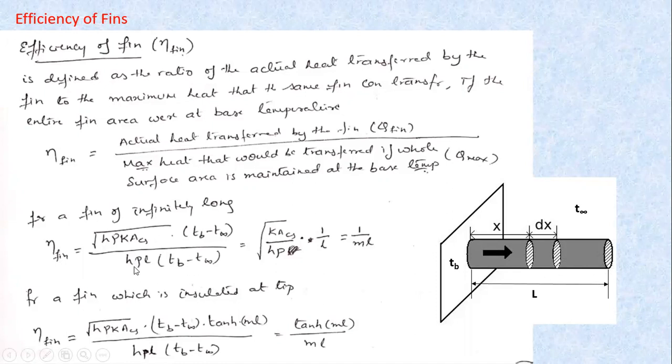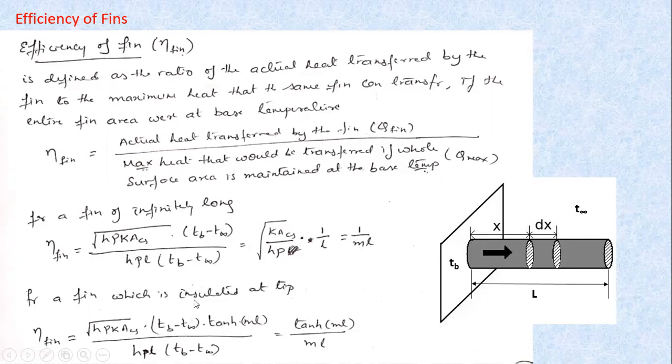So H into P into L multiplied by the temperature difference between the fin and the atmosphere. Here we are keeping the fin temperature at the base temperature, so writing it as TB minus T infinity, where T infinity is the atmospheric temperature, and reducing this, we'll get the expression for the efficiency for an infinitely long fin as 1 by ml.